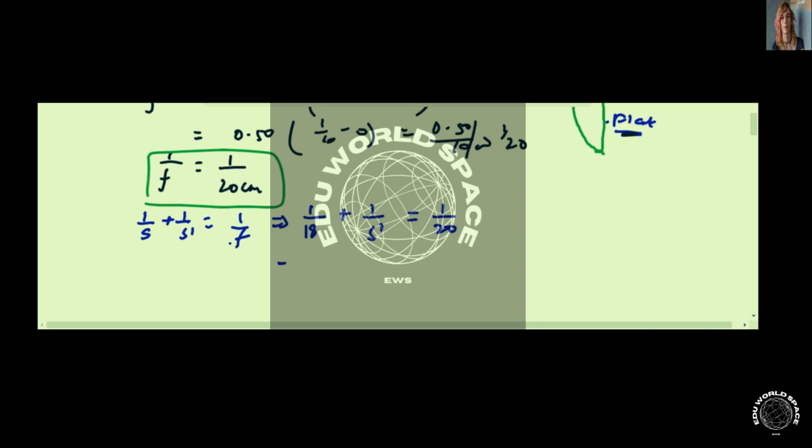From here 1 by s dash equals 1 by 20 minus 1 by 18. The LCM is 180, so 9 minus 10 over 180, which is 4 by 180, that is 1 by 45.